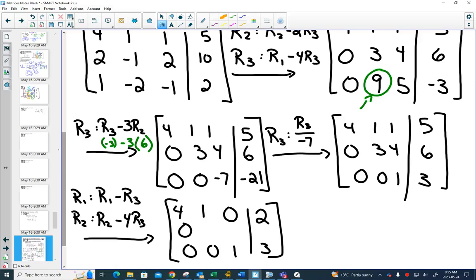Row 2, this will still be 0, this will still be 3, this will be 0, and row 2 minus 4 row 3s will give us negative 6. And at this point, you can get row 2 easily to be a 1, because we can just take row 2 and divide it by 3.